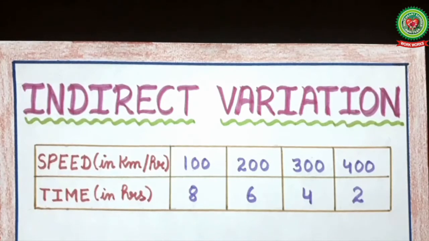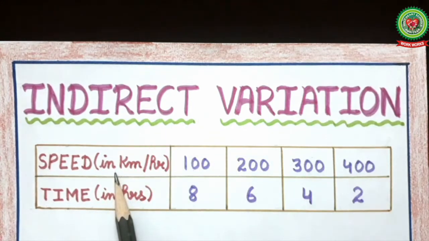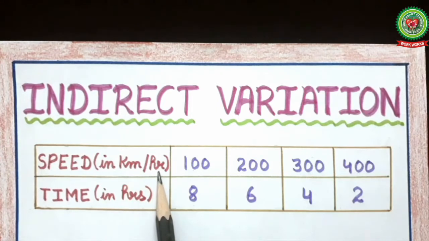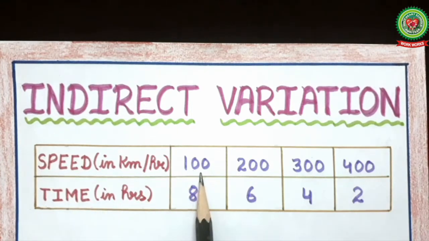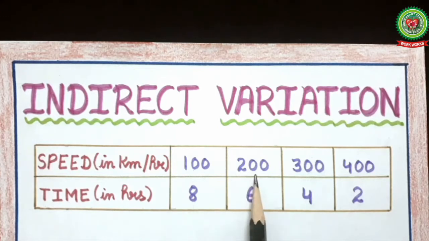Now, let's understand indirect variation with the help of this table. Here, first column represents speed in kilometer per hour and second column represents time in hours. If speed is 100, time is 8. If it is 200, it becomes 6. For 300, it is 4.